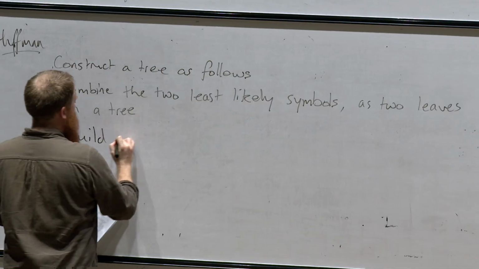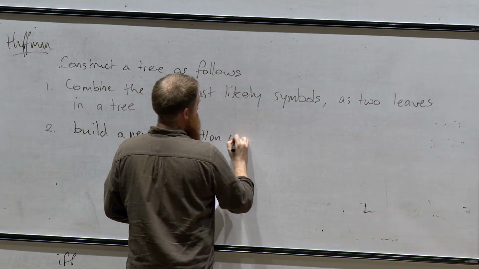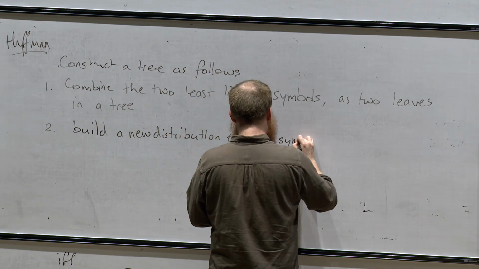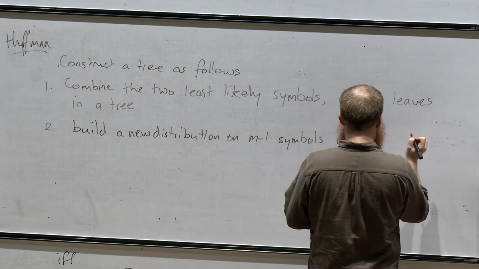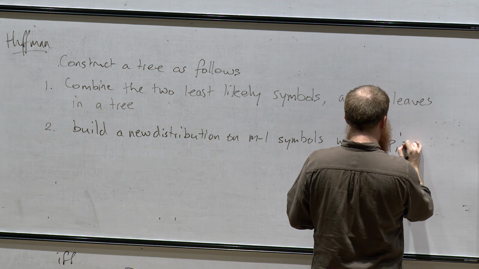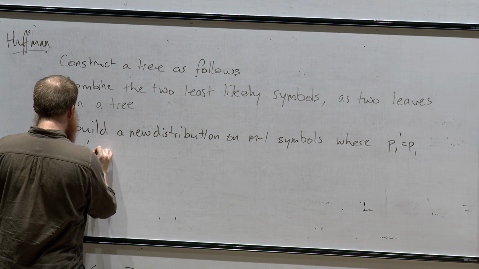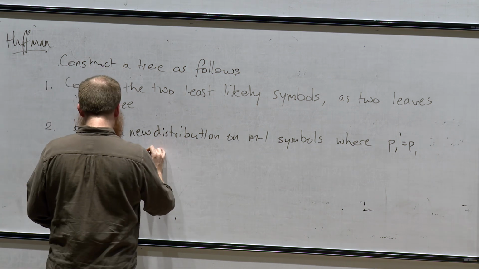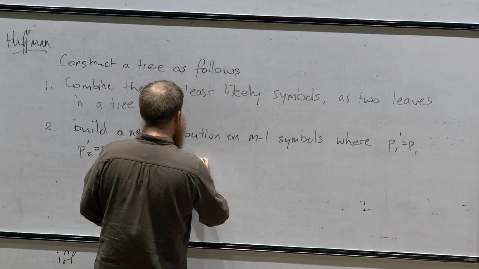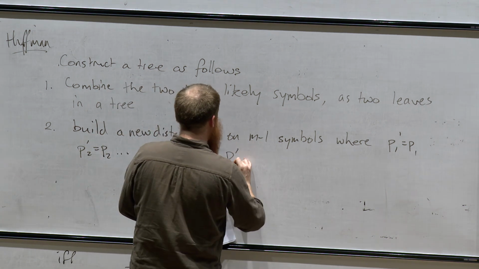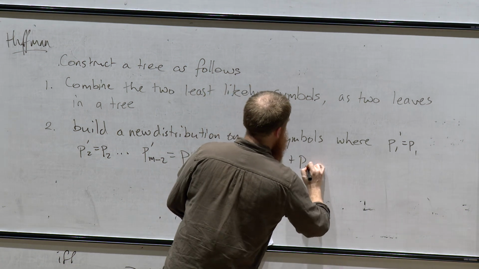Build a new distribution on m-1 symbols where p prime 1 equals p1, p prime 2 equals p2, up to p prime m minus 2 is p of m minus 2, p prime m minus 1 equals p m minus 1 plus pm.